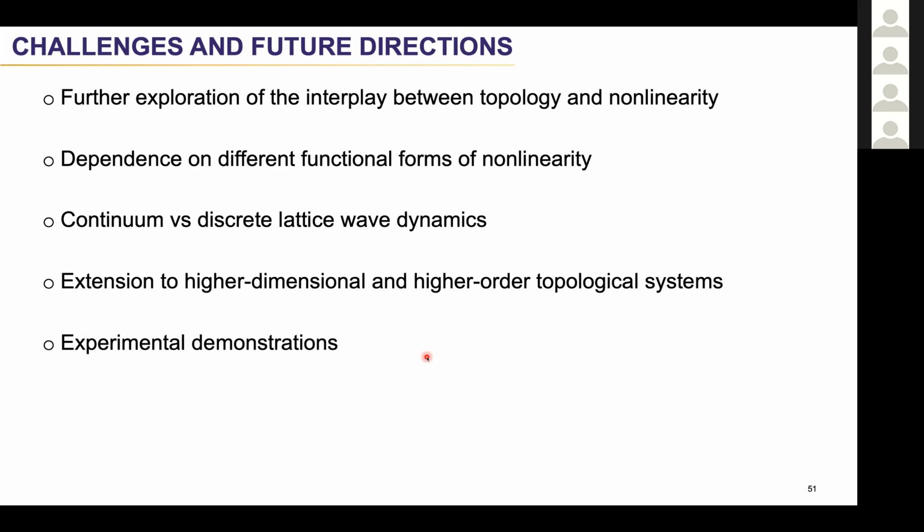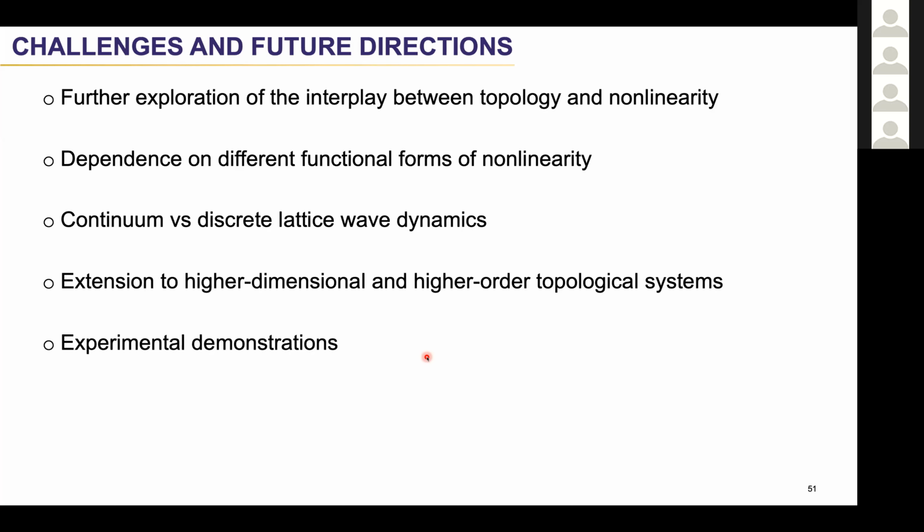Then, most of the studies are done for small band gap, for the continuum approximation, where the wavelength is large compared to the lattice size. But when we have discrete effects in the lattice with high nonlinearity, can we say something about topology? These aspects are very open, and there's a lot to be done.